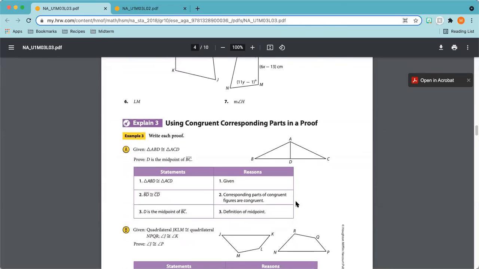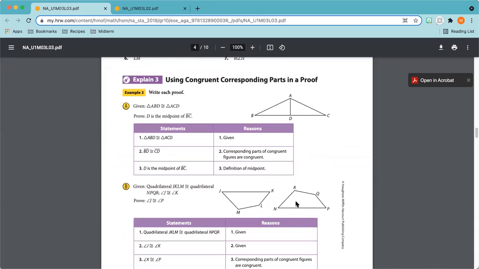All right. Now, this is the part to talk about: using congruent corresponding parts in a proof. So we have here, given that triangle ABD, so this triangle right here, and triangle ACD are congruent.